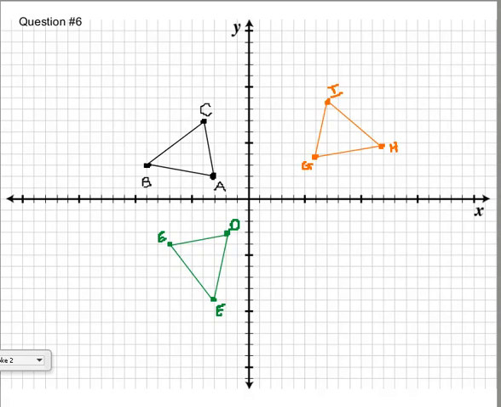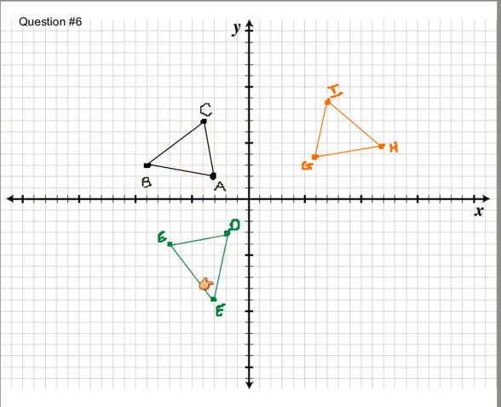Question number 6 has to deal with rigid motions, and you're really going to need to have your rules of reflection and rotation. How can we prove that triangle ABC is congruent to triangle DEF?